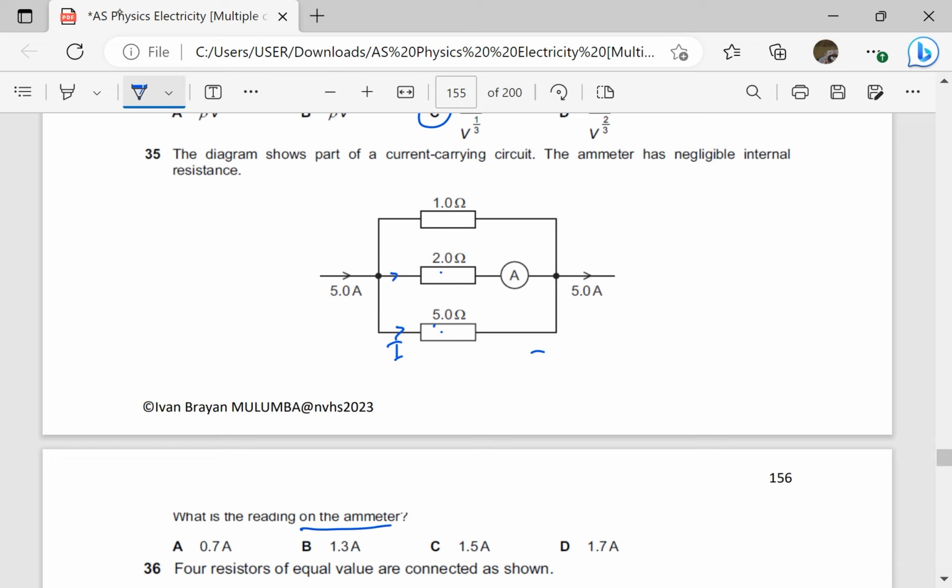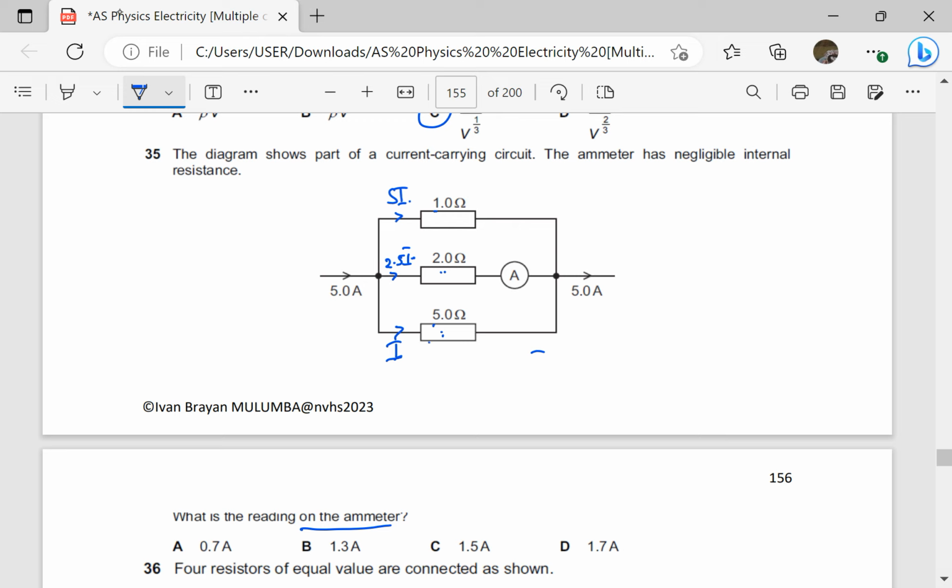So the current here is going to be 2.5 times I. And if this current here is I and this resistor is 5 times the other one, then this one is going to be 5I. I think there is a clear relationship, because when I multiply this one by 2, I get 5, and when I multiply this one by 5, I get 1.